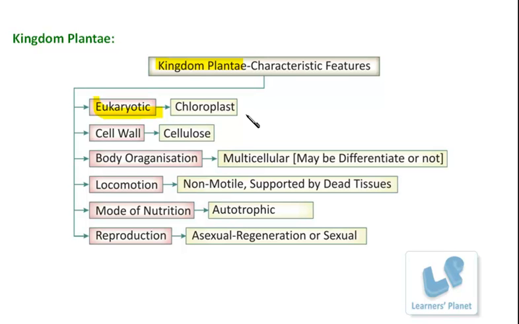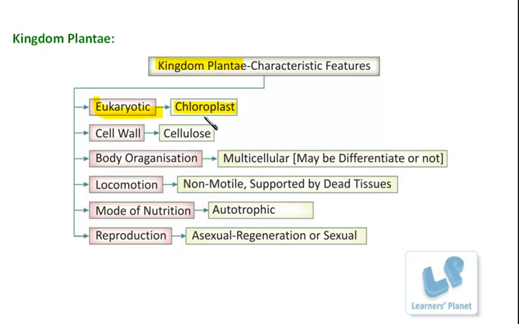Leucoplast is meant for the storage of food material or different contents of the plant cell. Besides this, the chromoplast has colored pigments, and depending upon the specific pigment, chromoplasts are of different types. Here, the most important plastid that I must mention is the chloroplast.